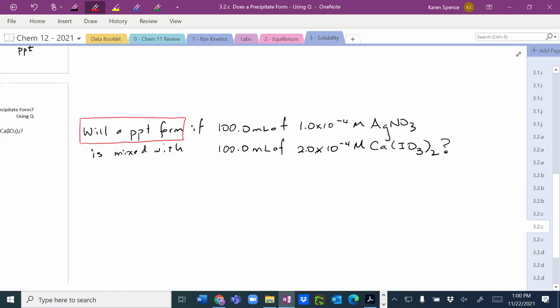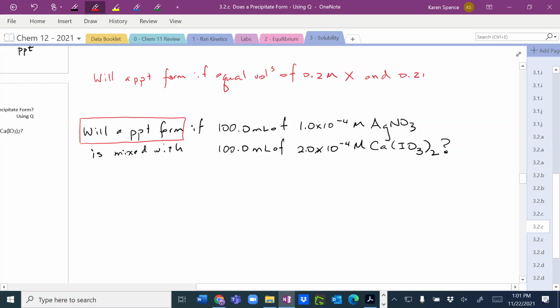So the first thing that we're going to notice about this question is that it says, will a precipitate form? Now, you guys are used to seeing questions like, will a precipitate form if equal volumes of 0.2 molar X and 0.2 molar Y are mixed.